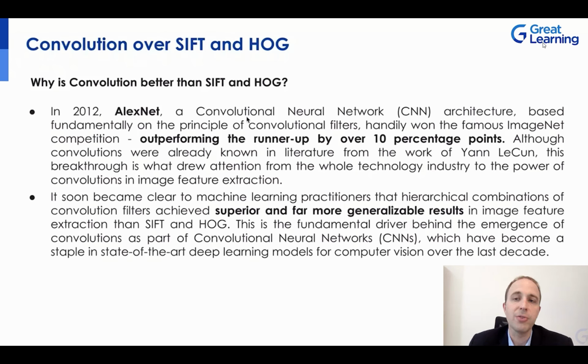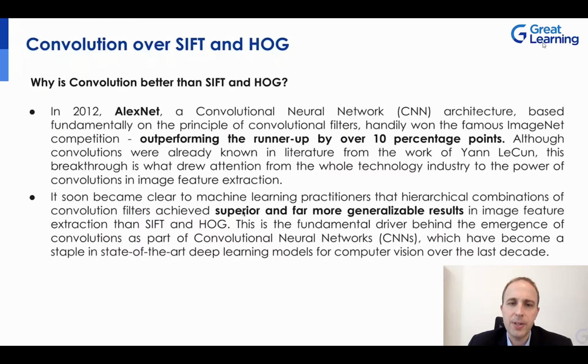So we call it a convolutional neural network. And when they had that competition in 2012, this convolutional neural network did really, really well and won by a comfortable margin. Convolution is something that people have studied for a long time and they already knew about it. But by combining convolutions and the power of neural networks, we got CNNs and we got this great performance.